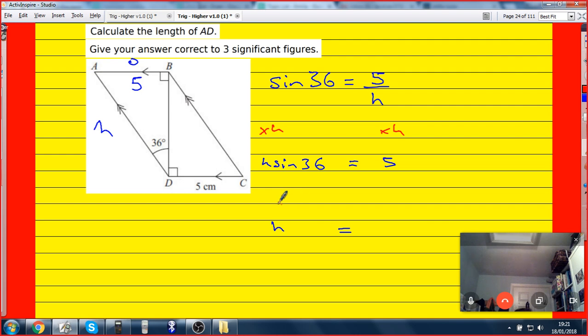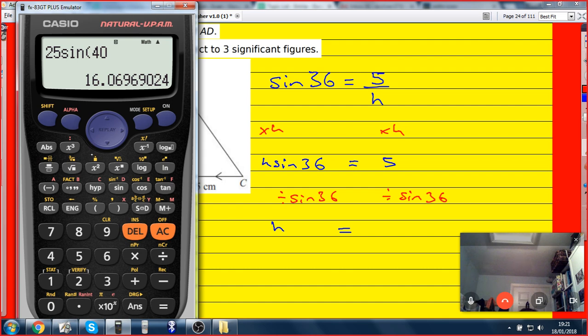So do you times, or do you have to divide that? Divide. Correct. What goes in the calculator? So you have 5 divided by sine 36. Would you divide? So what am I pressing?